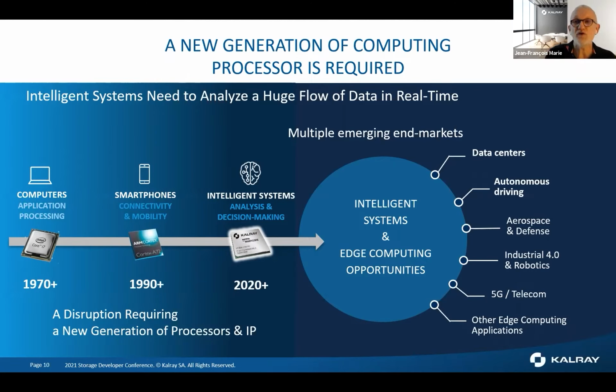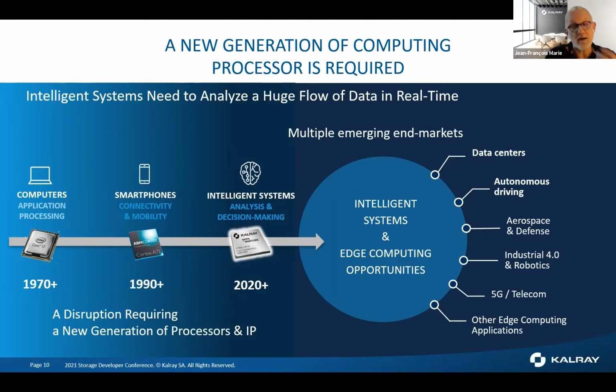But what we see emerging in the past two years is really a new type of processing power, because it's about treating emerging markets and emerging new types of data, and the request to treat those new types of data in real time.